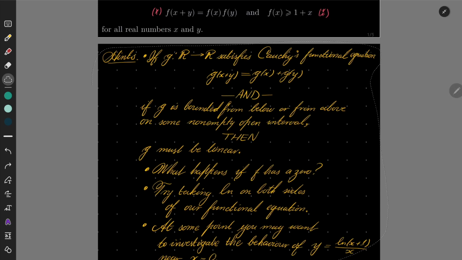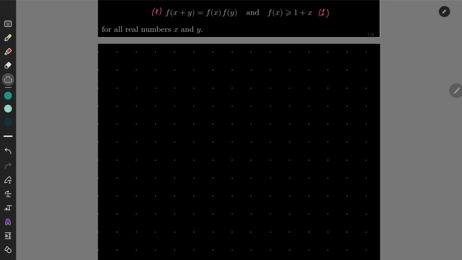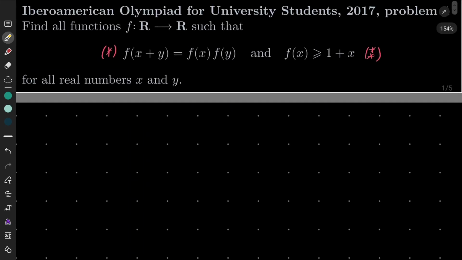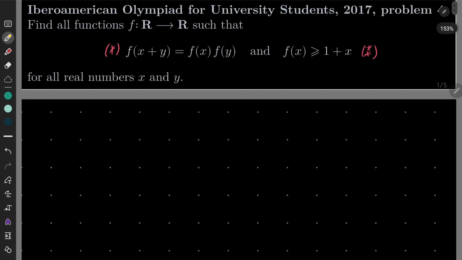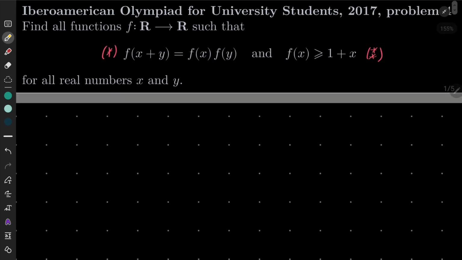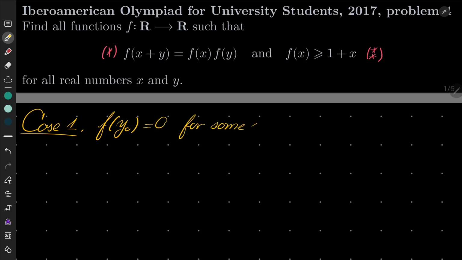Okay, so my solution will be the following. First of all, let's consider what happens in case number 1, if f of y0 equals 0 for some real y0.